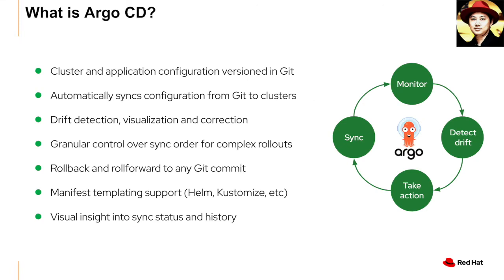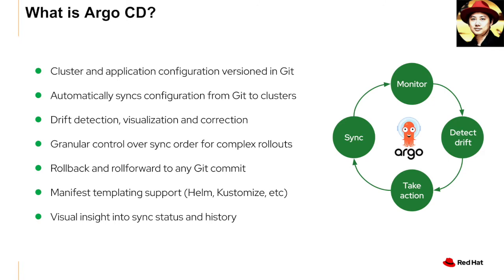The tool I'm using to do the GitOps is ArgoCD. Basically, ArgoCD is implemented as a Kubernetes controller, which continuously monitors running applications and compares the current state with the desired state that you define in your Git repository.